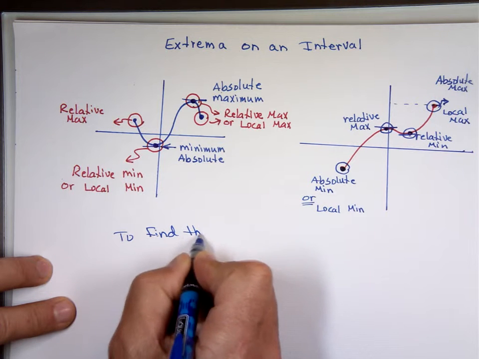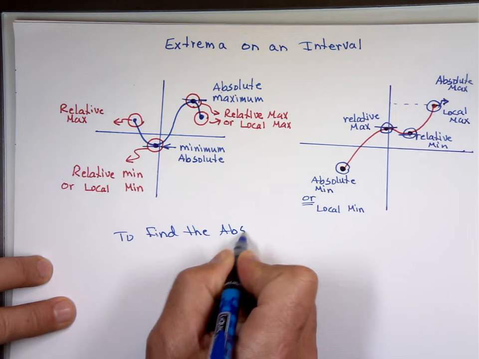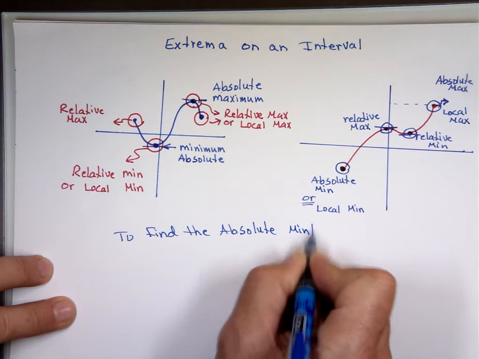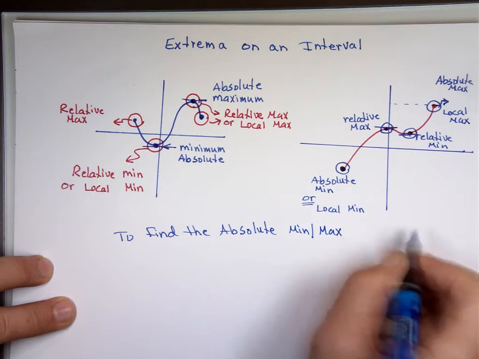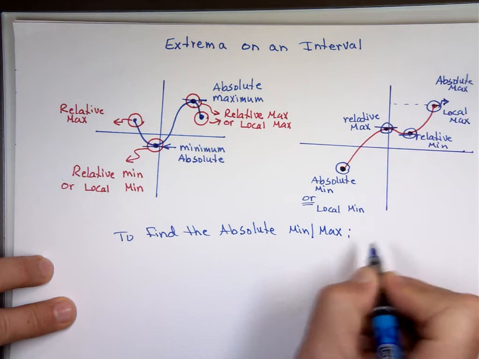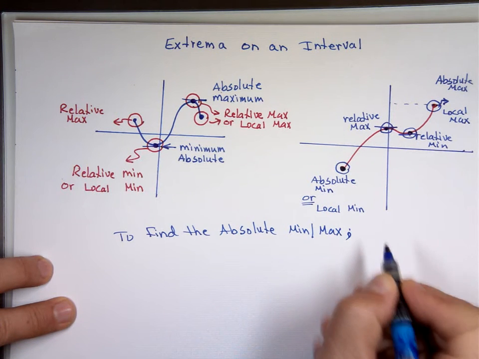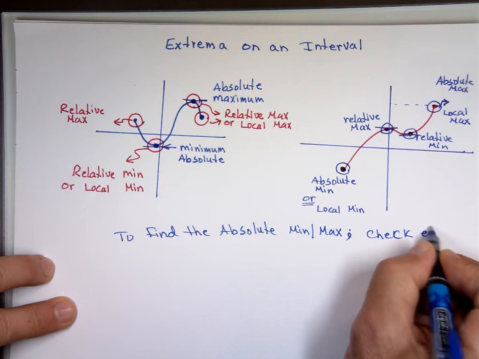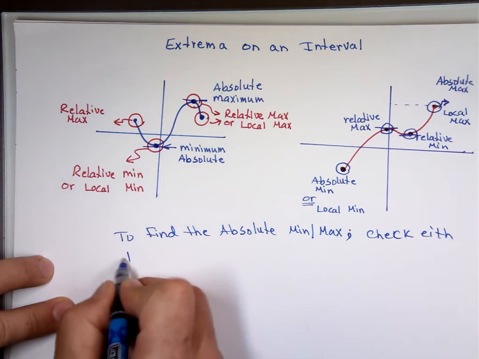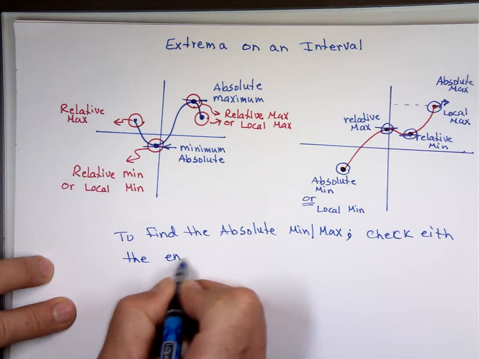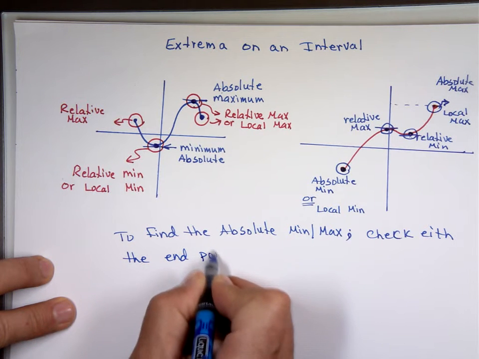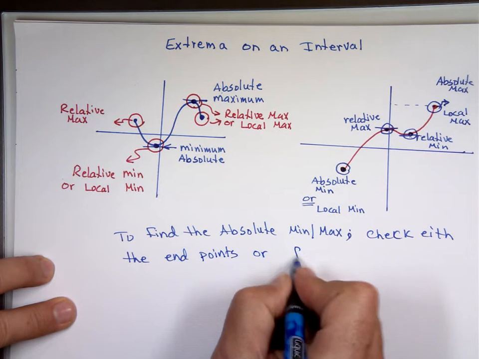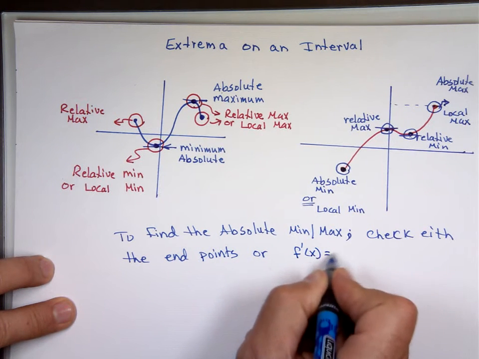So to find the absolute min-max, check either the endpoints or where the derivative of x equals 0.